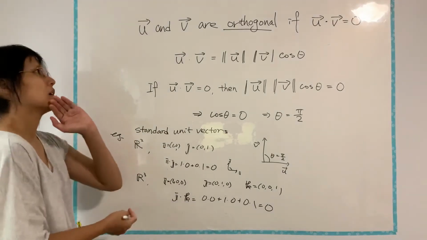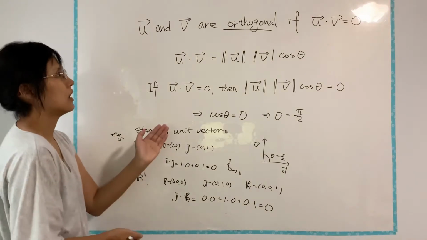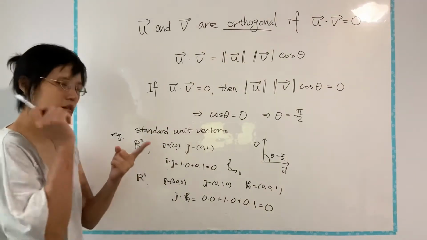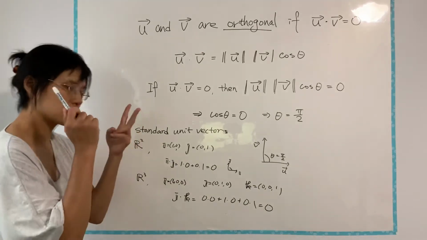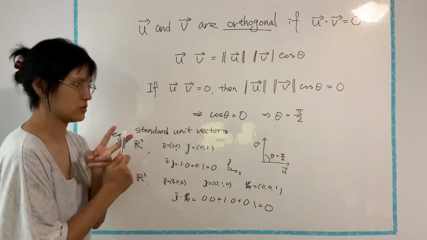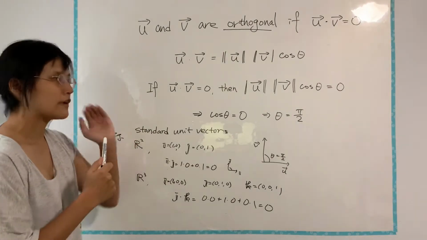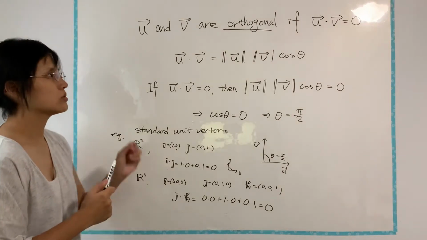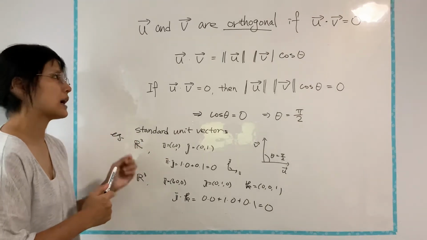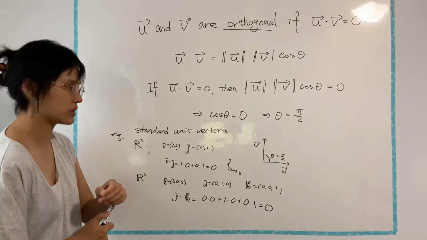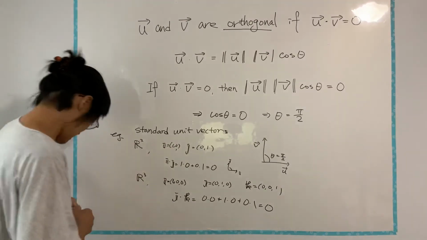So again, if we say two vectors are orthogonal, that means they're perpendicular. That means their dot product equals 0. So if I say I want to look for a vector that is orthogonal to a given vector, what does that mean?